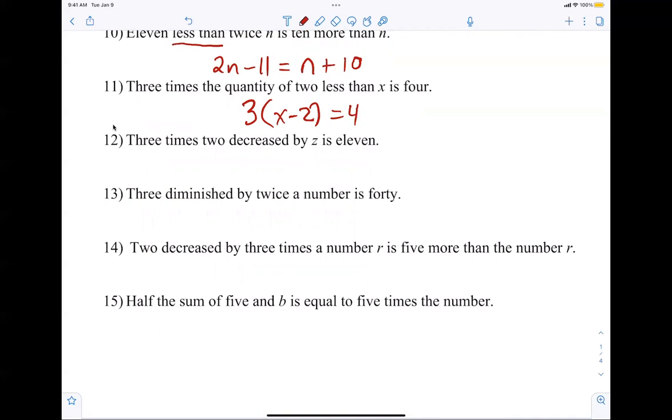3 times 2 decreased by z is 11, or 3 times 2 minus z equals 11. Yeah, that one's kind of silly. Hold on a minute. 3 times 2 decreased by z equals 11.